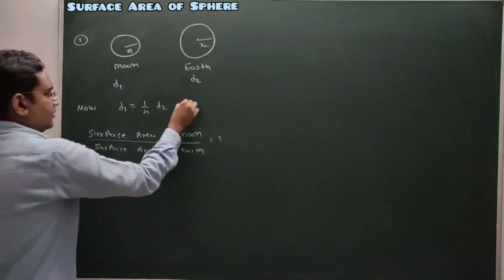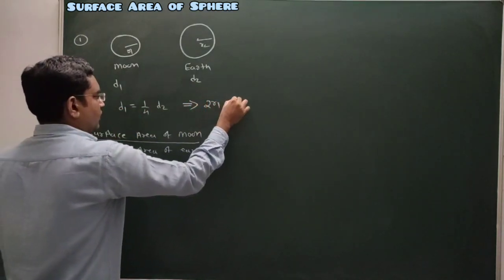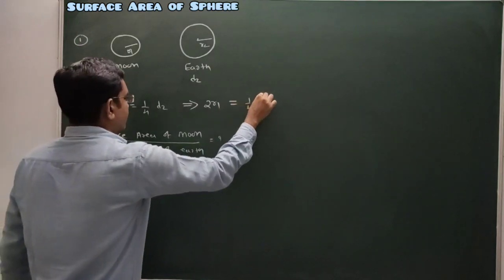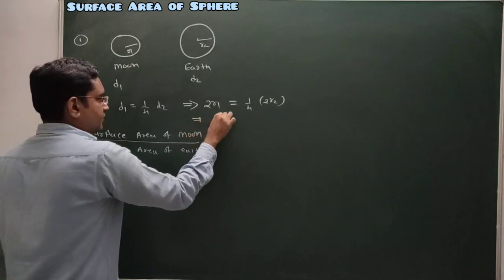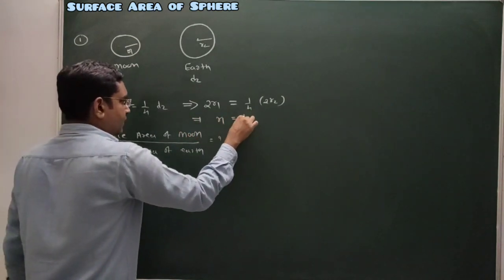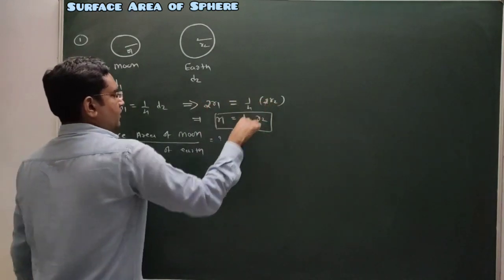Diameter are given, so we can say that diameter is twice of radius. 2r1 is equal to 1/4 of 2r2, and the 2 cancels.